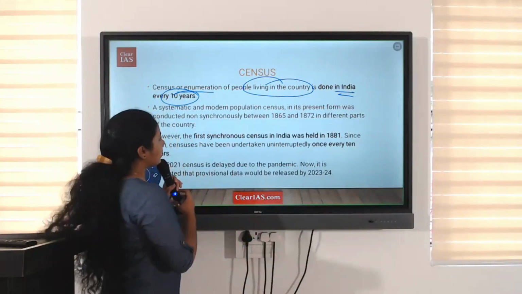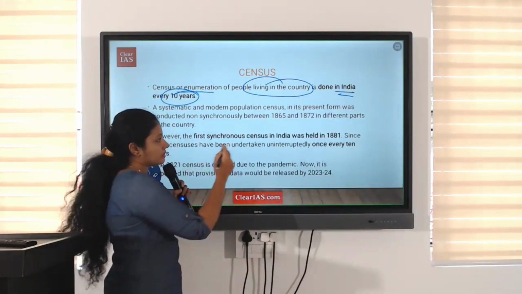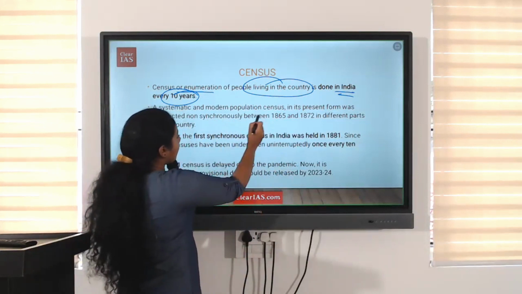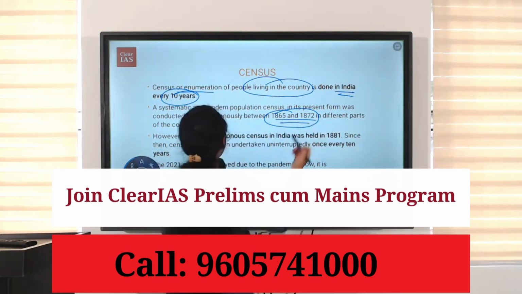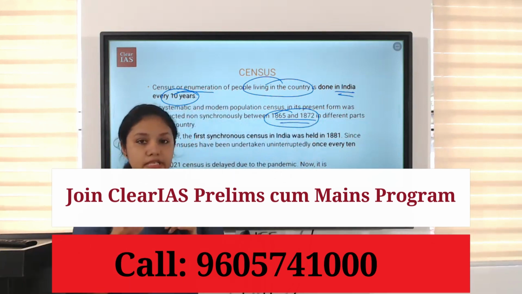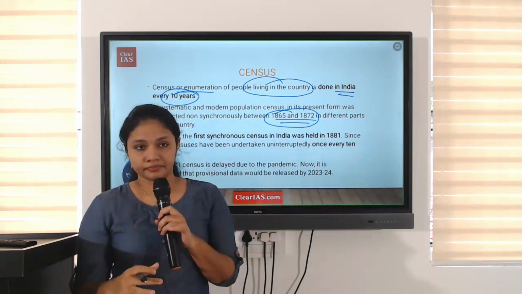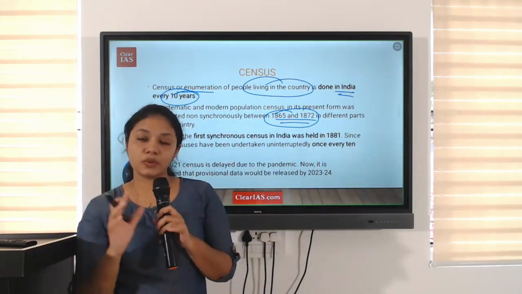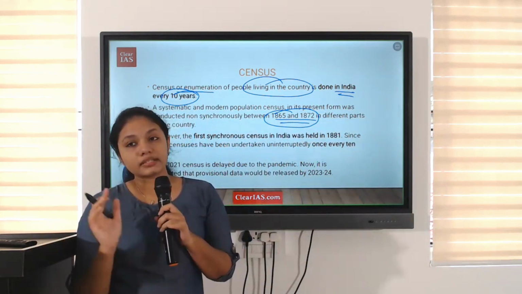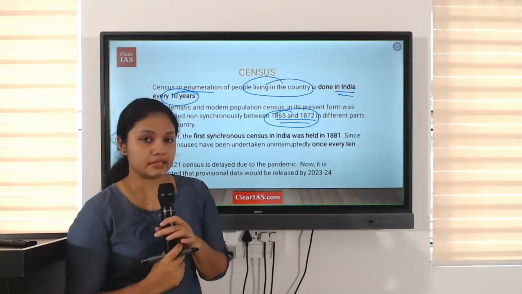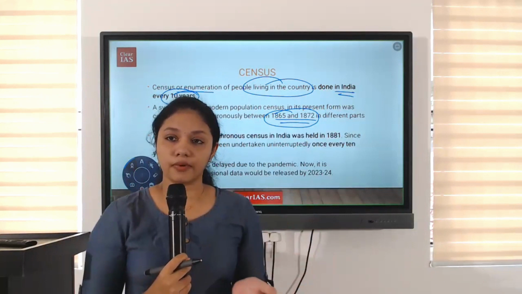So, a systematic and modern population census in its present form was conducted non-synchronously between 1865 and 72. Okay. The first form of census occurred during the British era, that is between 1865 and 1872. But though it was a form of census, it was not a uniform one.